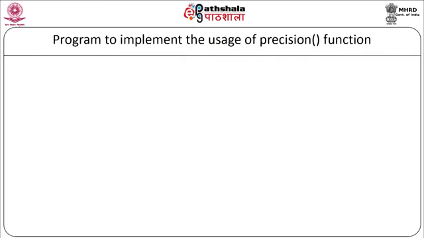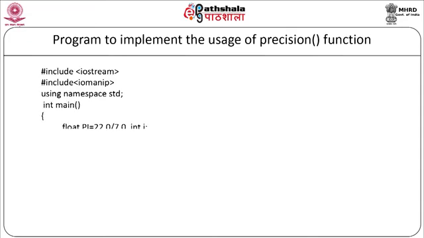We will start with the program: #include <iostream>, #include <iomanip>, using namespace std. Now we will start with our main function: int main, float pi equals 22.0 divided by 7.0, int j, cout the text "value of pi:" newline. Now we will start with our for loop: for j equal to 0, j less than or equal to 9, j plus plus.